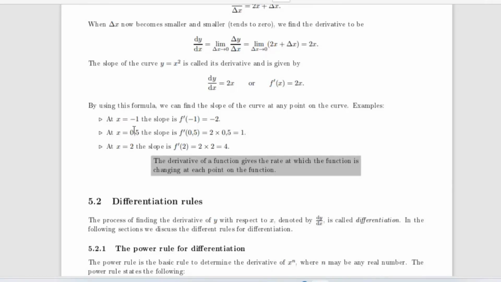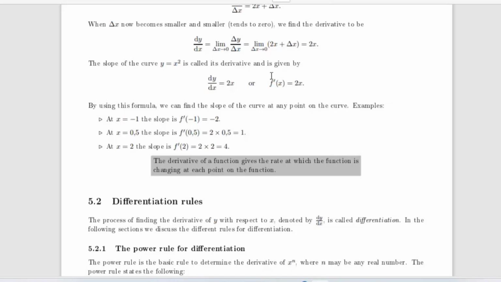So it'll be 2 times -1, which is -2. Michelle? Yes. We found the derivative of x squared to be 2x. We agree, you and I. Yes. Please write it down.